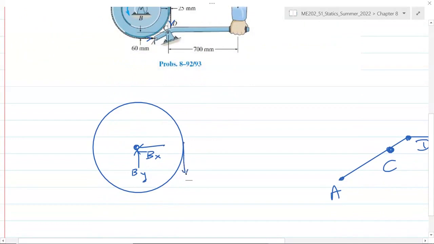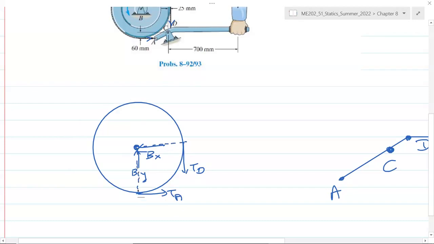This is TD and this is TA. Remember, we always show the tension in the belt or rope going away, not towards the rope. So these are the forces TD and TA.